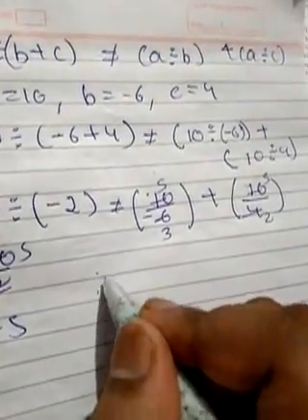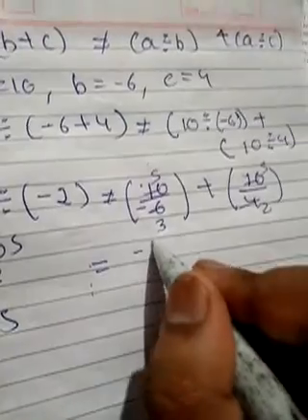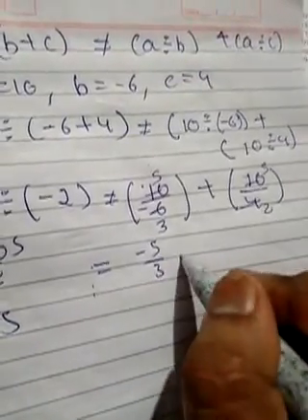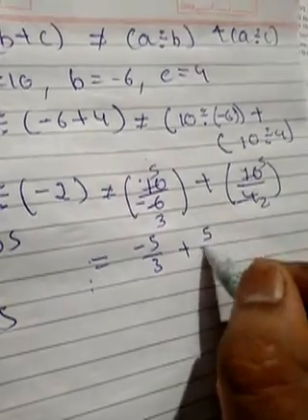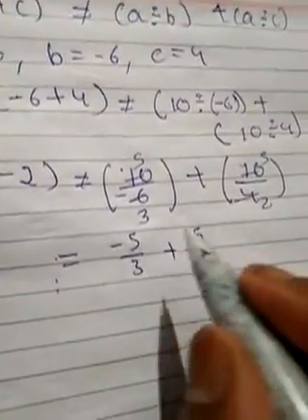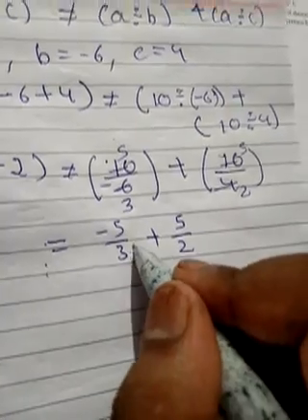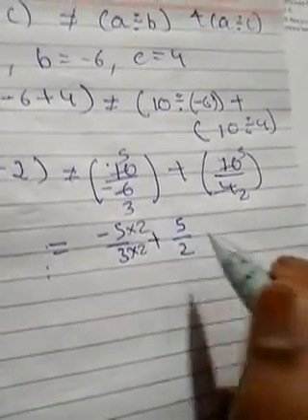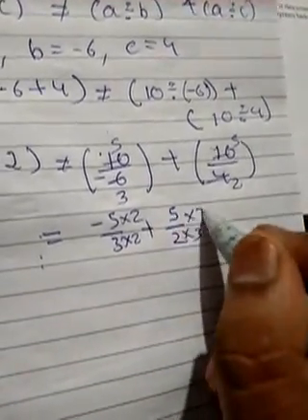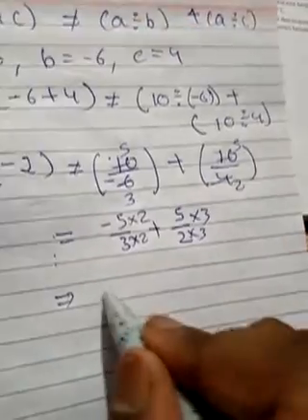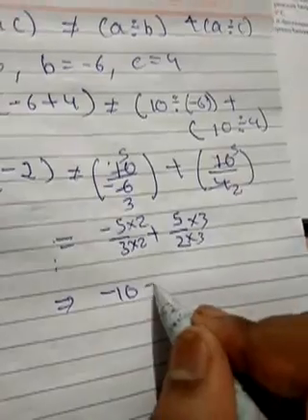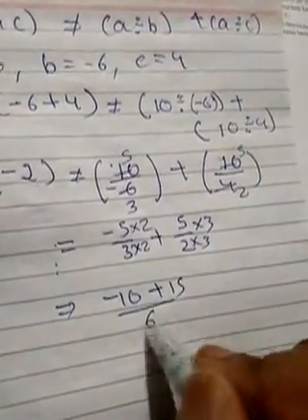Here we are getting minus 5 upon 3 plus 5 upon 2. Now take the LCM of both the numbers. LCM of 3 and 2 will become 6. So it will become minus 10 plus 15 upon 6.